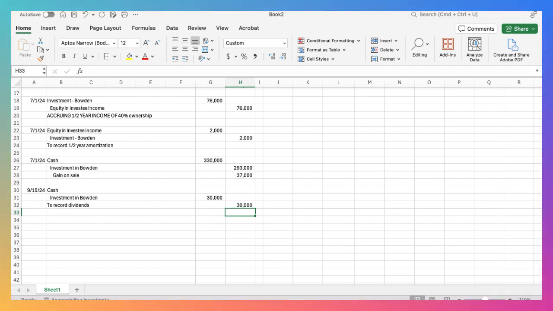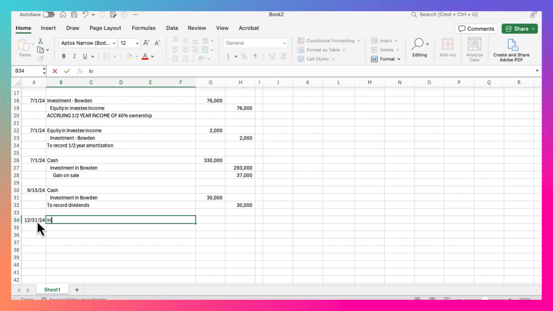We can do the amortization expense, and then I believe that's it. That's really all we have. Okay, so we already recorded the dividend. Now we're at the end of the year, and it's 12/31/24. We are recognizing investee income.